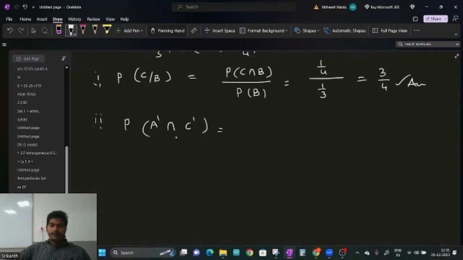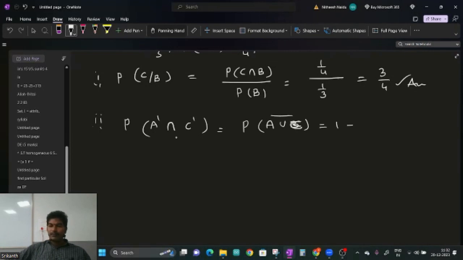Make it intersection. So you can write P of A dash intersection C dash. A dash intersection C dash means you can write A union C whole bar. If you calculate this part, A's complement is A dash, union complement is intersection. Sorry, it is C. C complement is C dash.